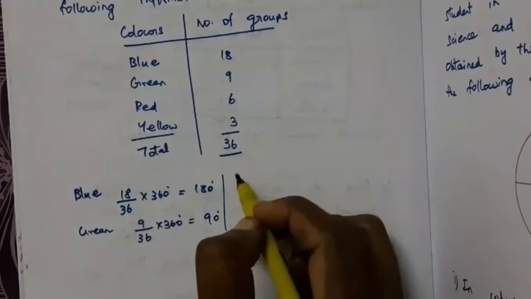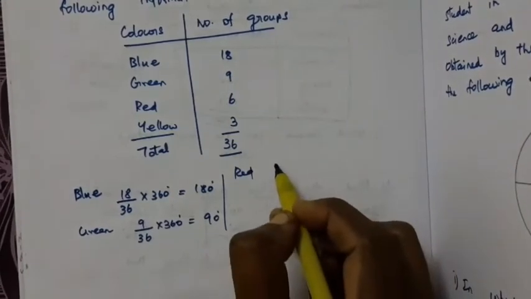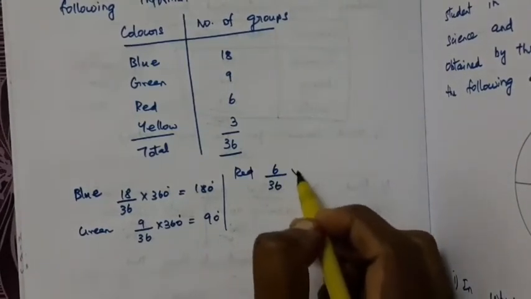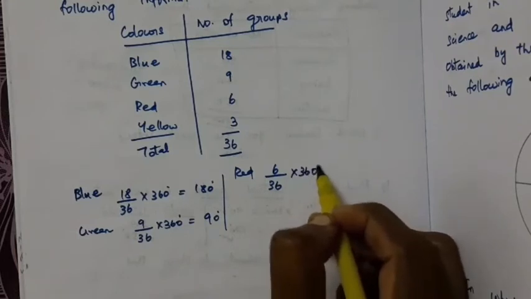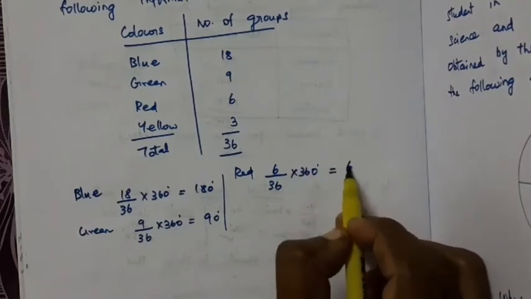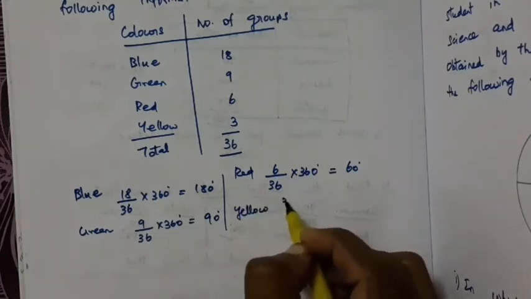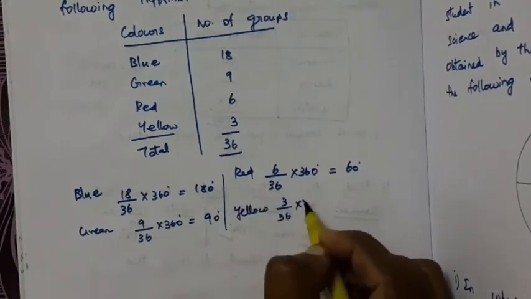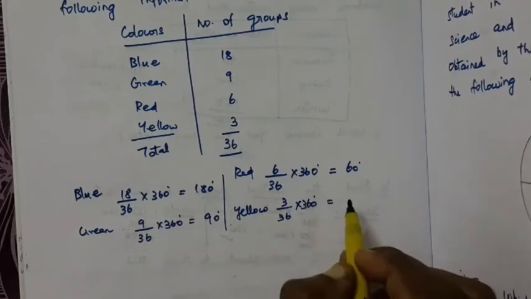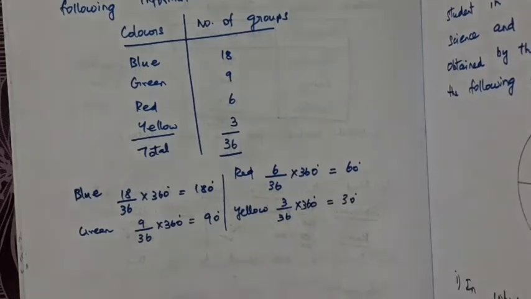And here you can say for red, which is 6 divided by 36 multiplied by 360, that is equal to 60 degree. And yellow 3 divided by 36 multiplied by 360, that is equal to 30 degree.